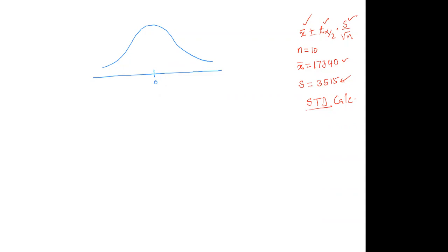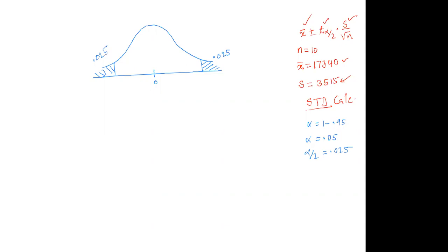Now, the confidence level is 95%, so alpha is 1 minus 0.95, which gives alpha equal to 0.05, and alpha over 2 is equal to 0.025. So the area to the right is 0.025, and the area to the left is 0.025.